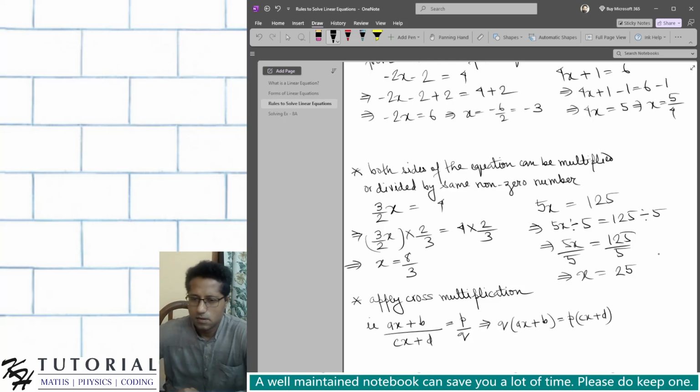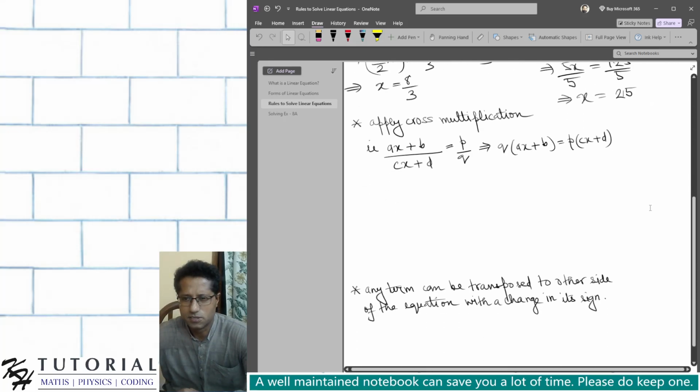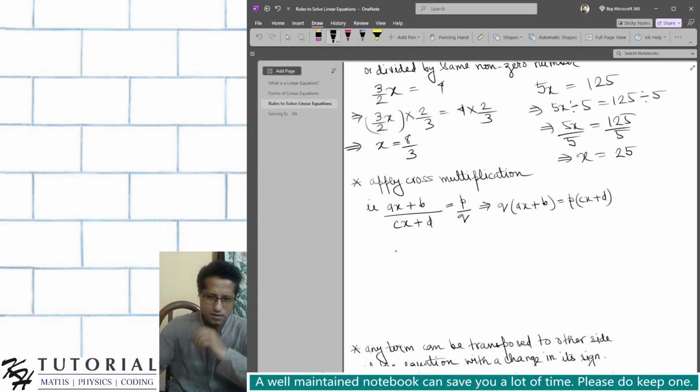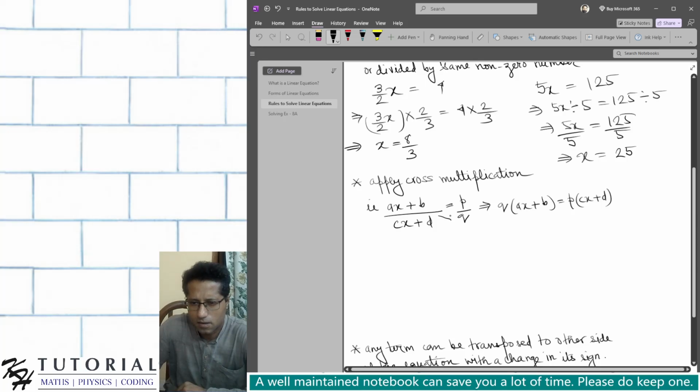Okay. Now comes the cross multiplication. If you have a linear equation of this form, that is the LHS is of the form ax plus b, where a, b, c, d, p and q are constants. If you have the LHS as ax plus b divided by cx plus d, and the right hand side is p by q, then you can cross multiply this way.